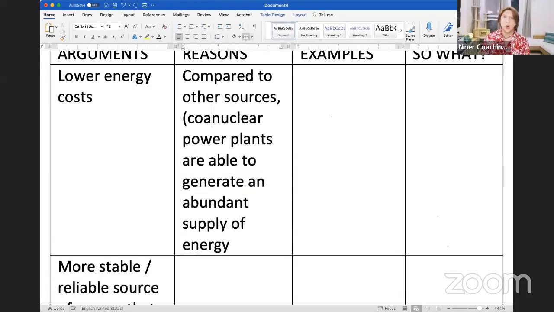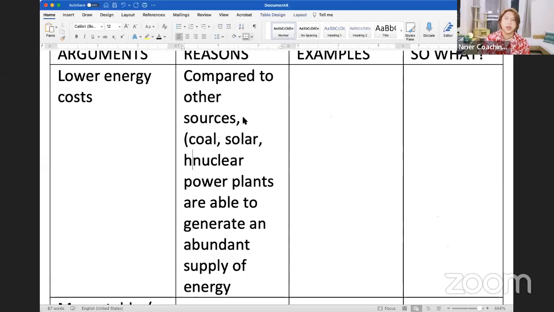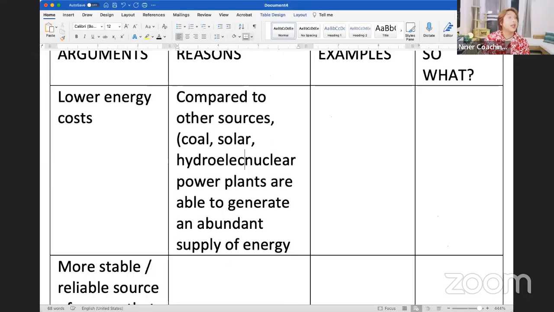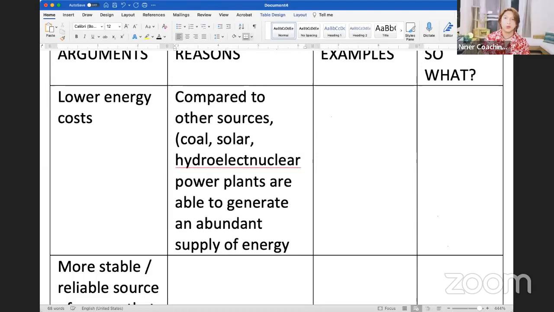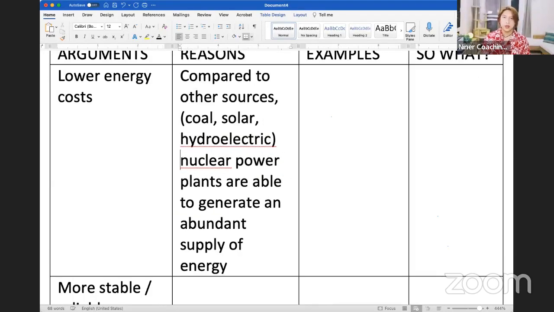So coal, natural gas, solar, maybe we could put hydroelectric. Okay, I can also put hydroelectric right there. And then the examples, you're giving me some examples. So Japan, right? Finland, right? What else? What other countries?